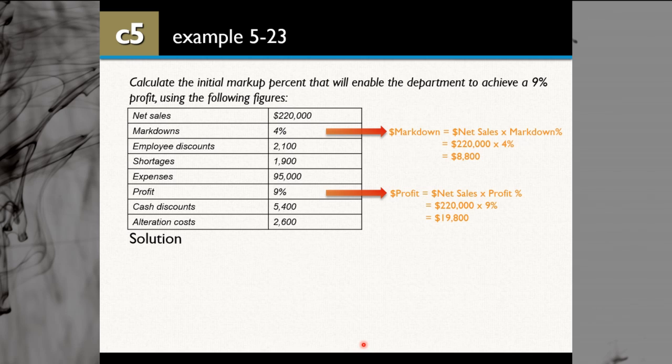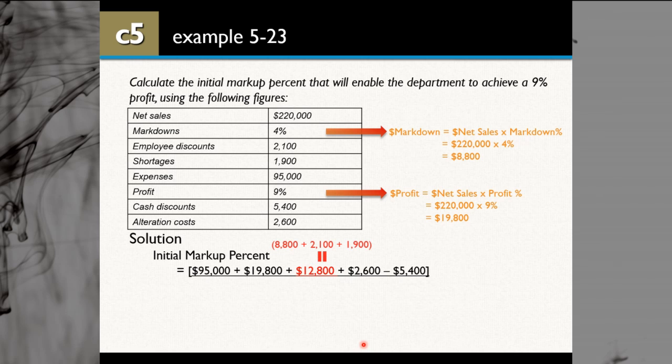Now you know this, so you can calculate your initial markup. You're going to use these dollar amounts. So once again, what's going to go to the top? Expenses, 95,000. And also profit plan, profit is 19,800, plus your planned reduction. That's going to be a combination of the markdowns, employee discount, and shortages, these three components.